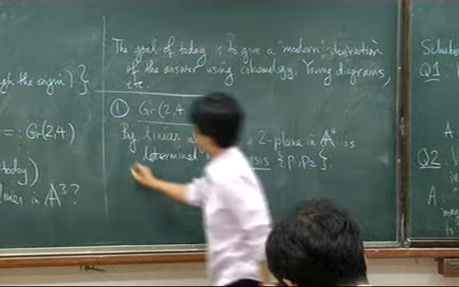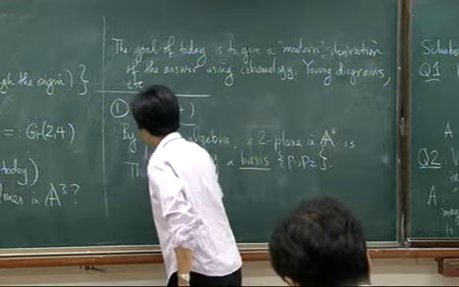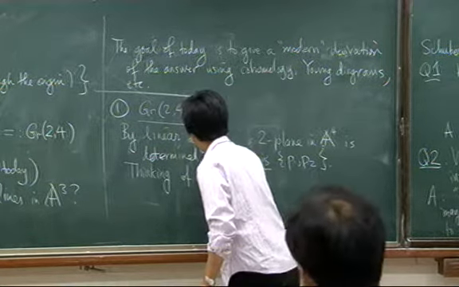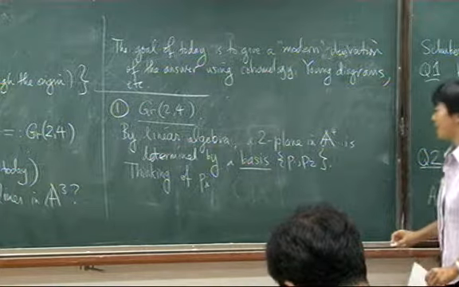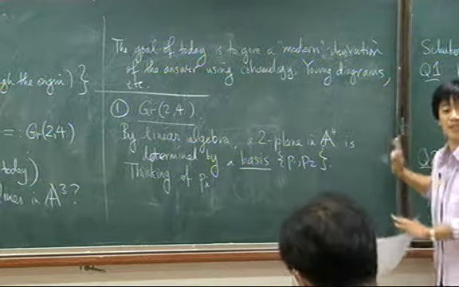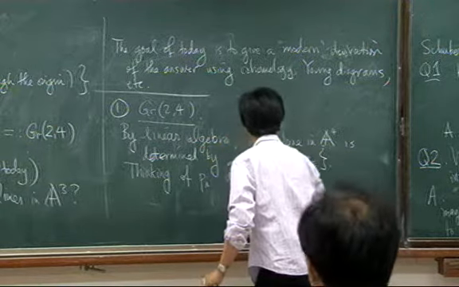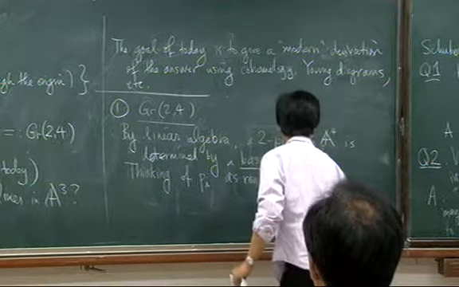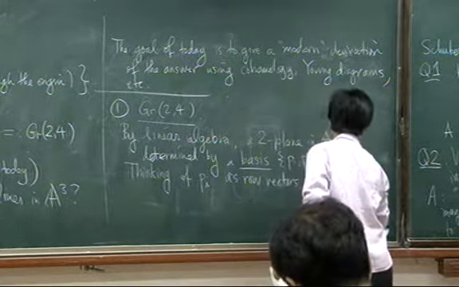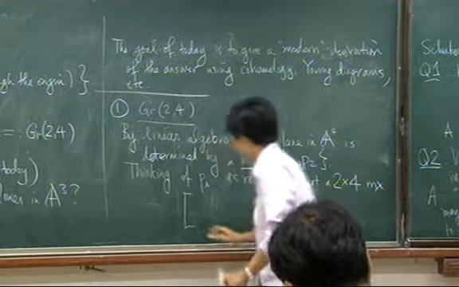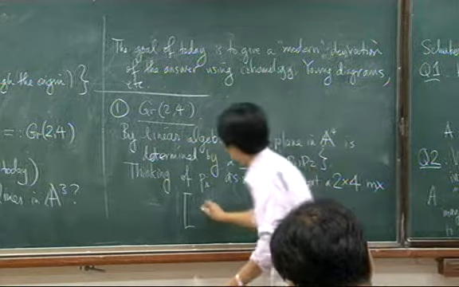To be very concrete, I will think of these p_i as row vectors, and I'll just put them in a 2x4 matrix.